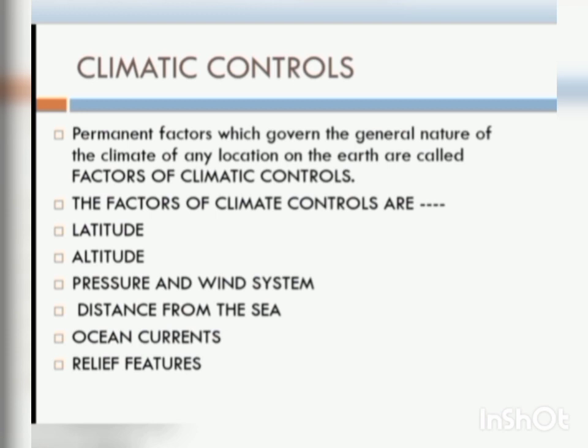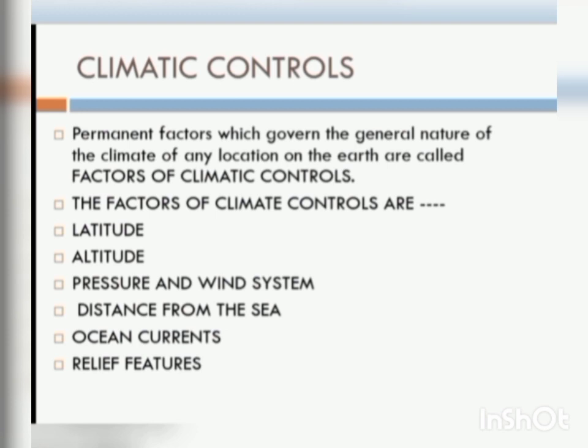As a result, air temperature decreases from the equator towards the poles. Second, altitude. It refers to the height above mean sea level. With an increase of height from the earth's surface, the temperature decreases and air becomes less dense. Therefore, hilly regions are cooler in summer.